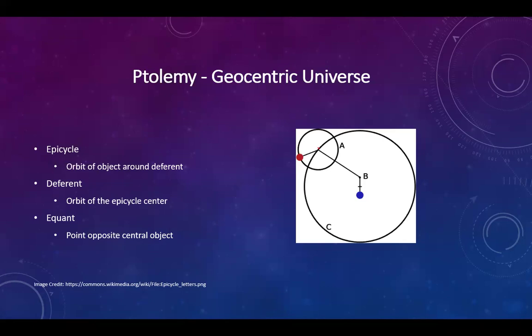It's complicated, but doable, but has some issues. But yes, you can accurately predict the location of planets for a few hundred years. And there's no reason to think the Earth wasn't the center of everything, because that's what it seemed like.